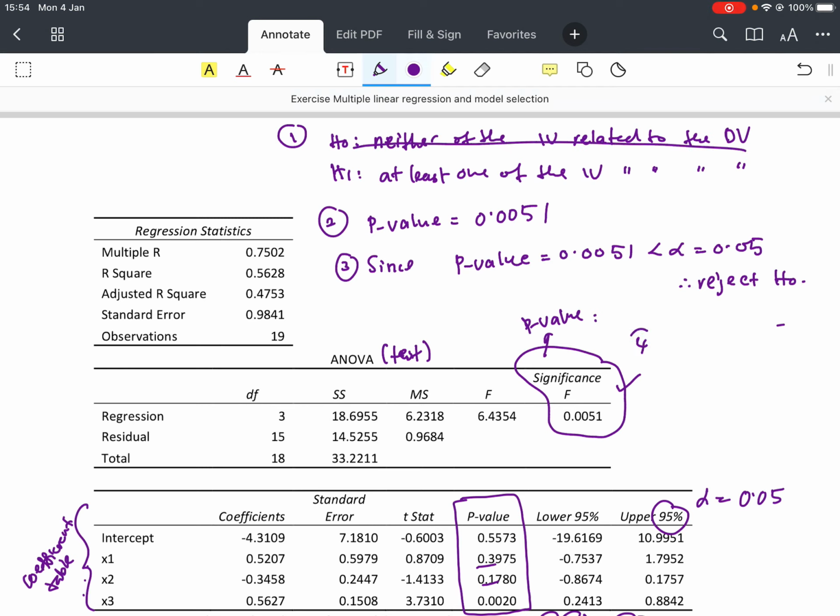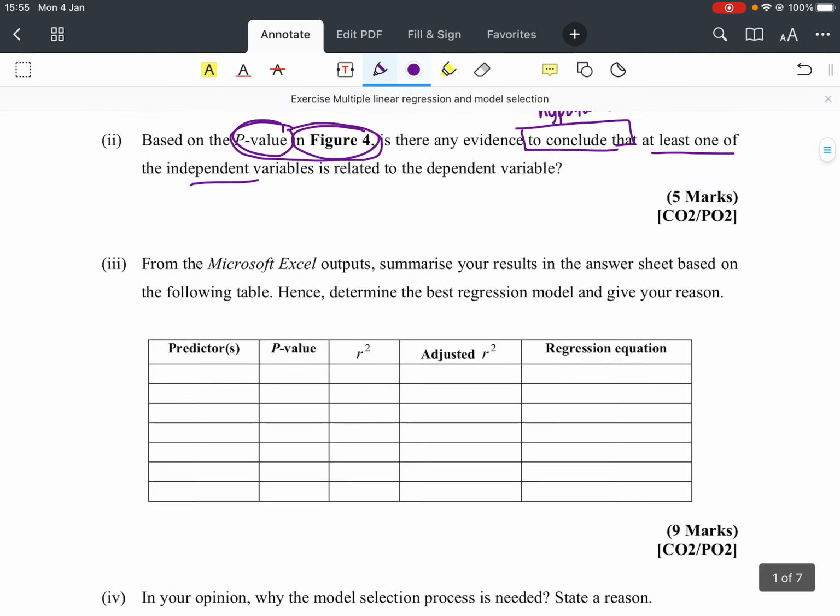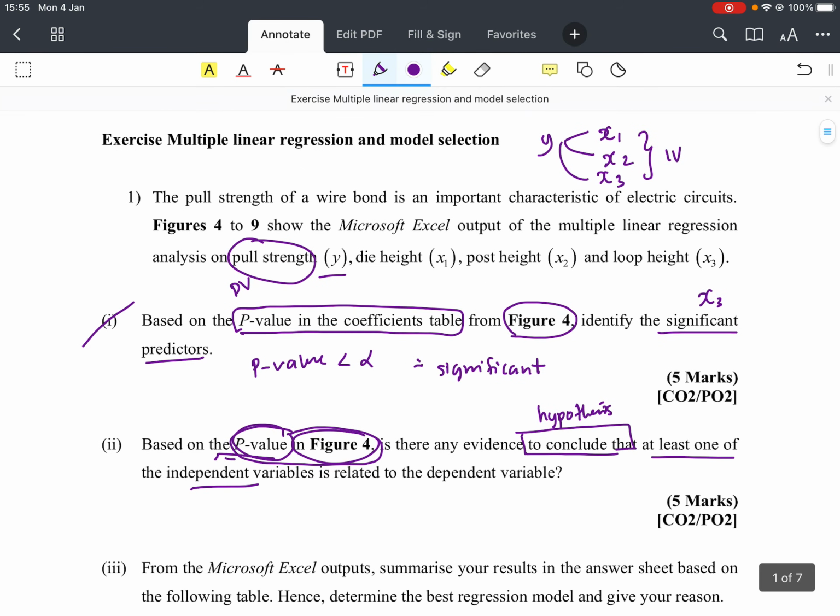It means that at alpha 0.05, at least one independent variable is related to the dependent variable. Because the question is based on the p-value in figure 4, is there any evidence? When we talk about evidence, you must have your hypothesis.